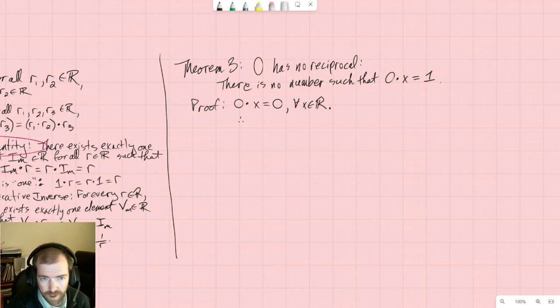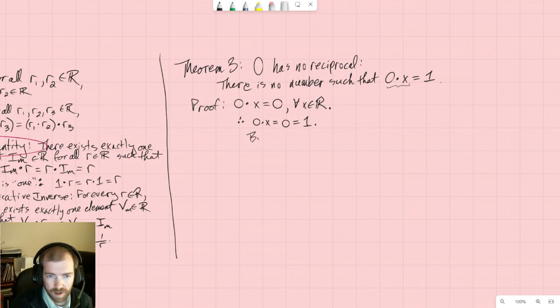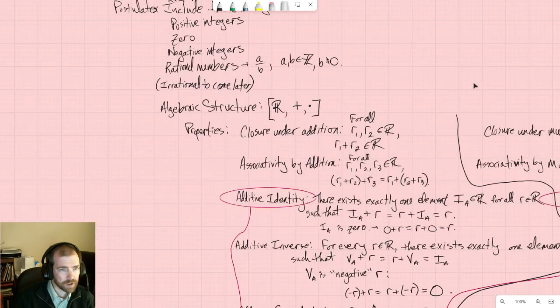Therefore, in this particular case, we have that 0 times x would be equal to 0, which would need to be equal to 1. But we had something earlier.